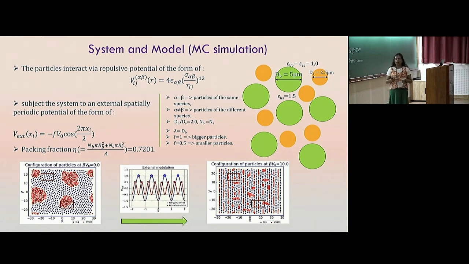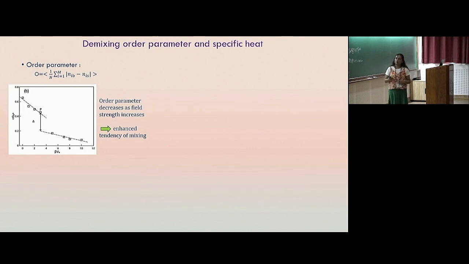Initially, in the absence of any external modulation, that would yield a high order parameter value, because in a particular box one type of particle would be more abundant. But in the mixed modulated state, there would be almost equal numbers of bigger and smaller particles. So we plot the average order parameter versus the strength of the external modulation.